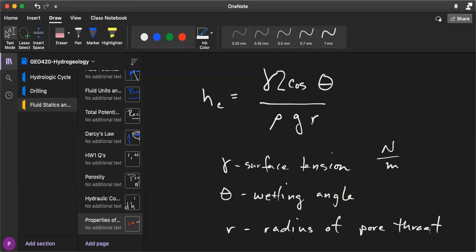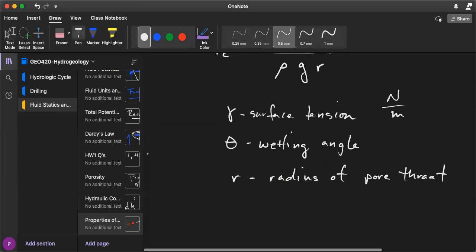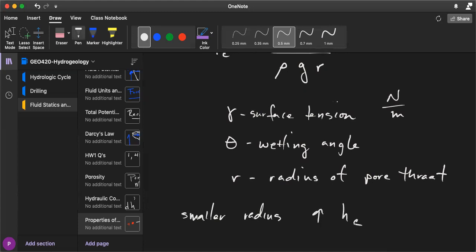And it's the pore throat radius that controls how strongly water is pulled into a pore throat. So smaller radius increases my capillary rise.